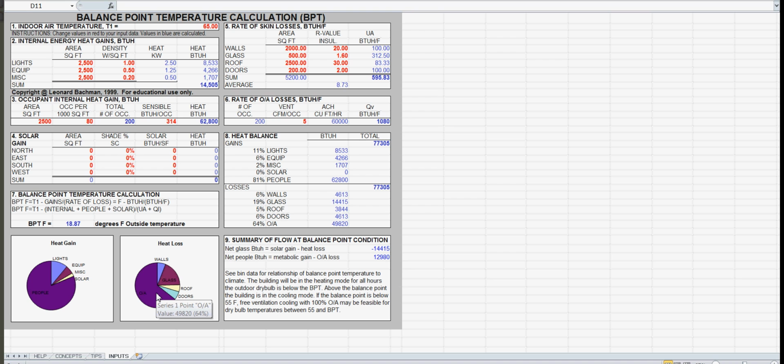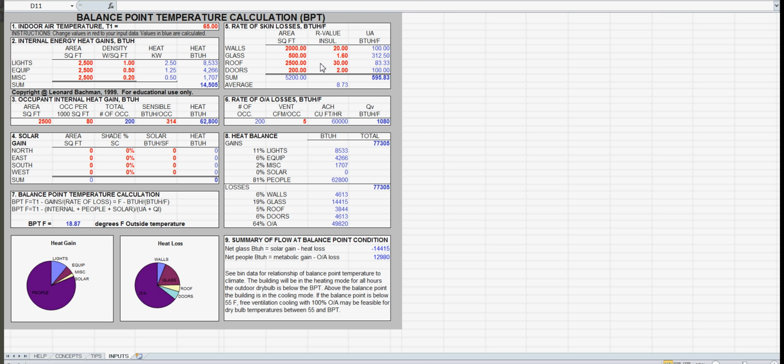And the more active you are, the more internal heat gain you have. So for the same level of insulation, it would have to be cooler outside for you to be in thermal equilibrium. In other words, for you to be comfortable. As you increase your insulation level, it also has to be colder outside, a lower balance point temperature, for you to reach the comfort level.